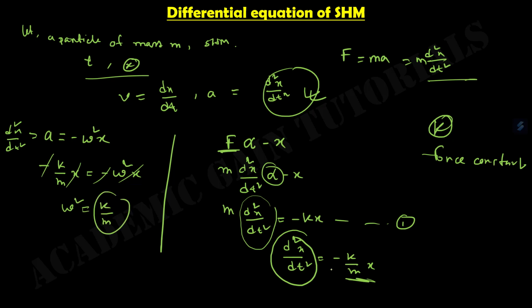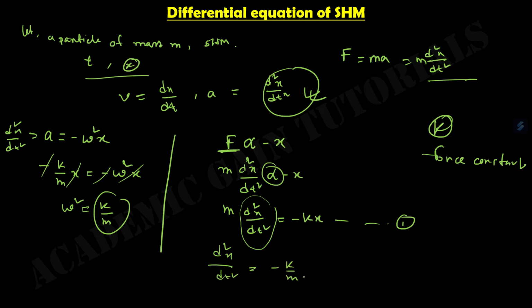So from equation 1, instead of k by m, I can write omega square.